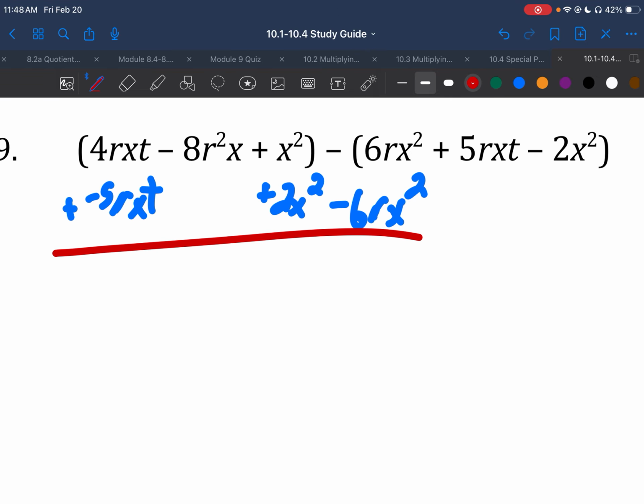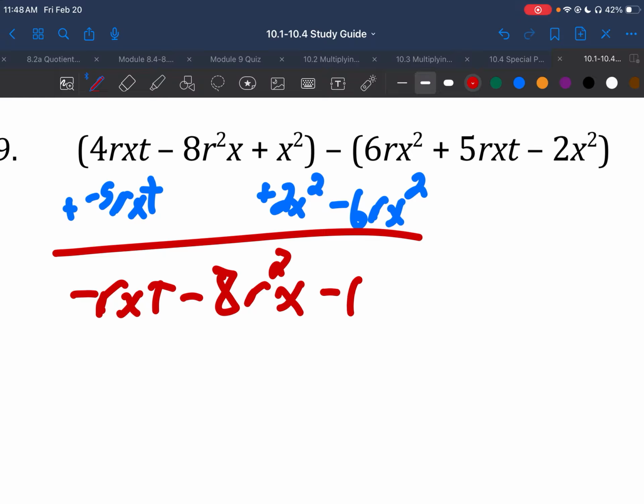Now, when I do this subtraction, 4 minus 5 is negative 1rxt. We have minus 8r squared x. I'm going to put this in standard form right away. We've got minus 6rx squared and then plus 3x squared.